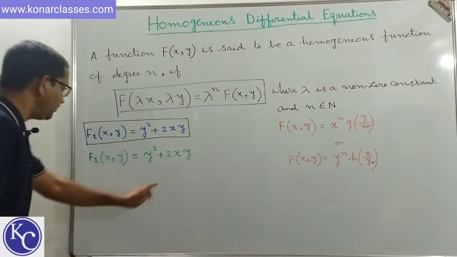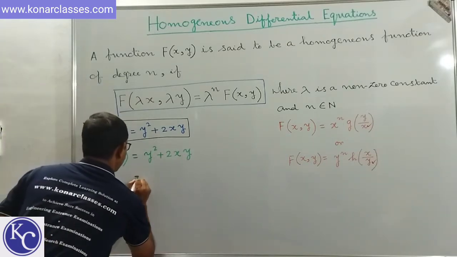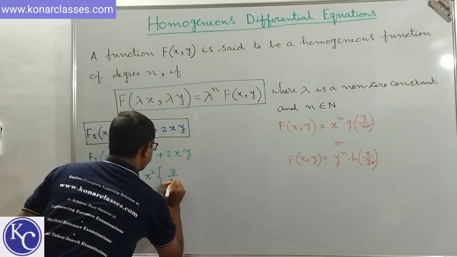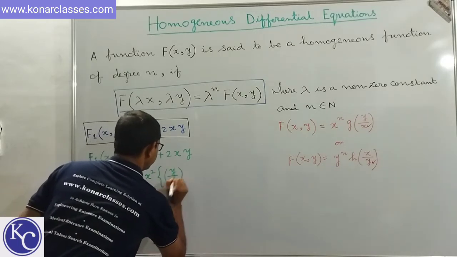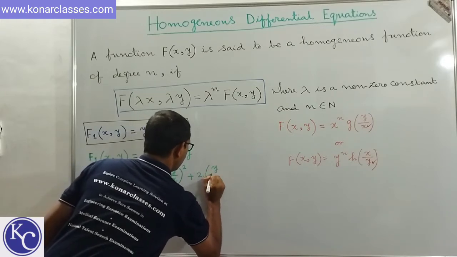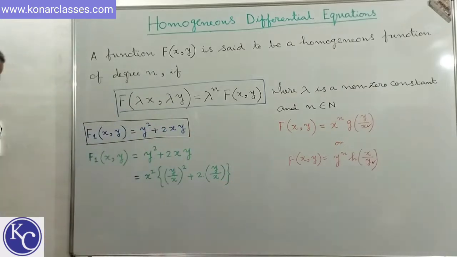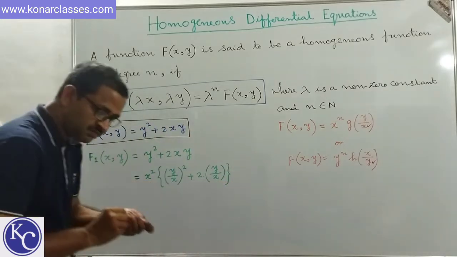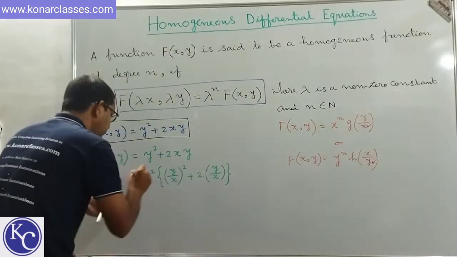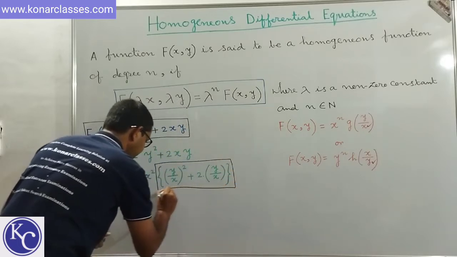Now what we are going to do, we are going to take x square common. So if we take x square common, then what we will end up with here? It is (y by x) whole square plus 2 into y by x. Correct? So now if you look into this particular expression, this contains y by x.